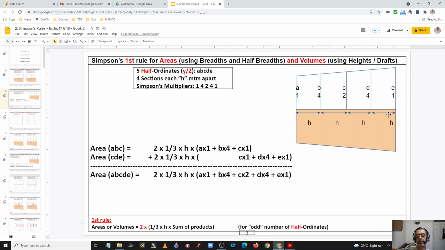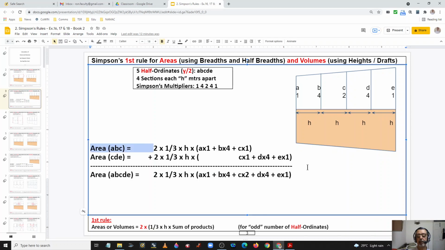Each of these ordinates are h meters apart, thus giving us 4 sections. And how do we arrive at the multipliers 1, 4, 2, 4 and 1 is what I'm going to explain over here. Now let us take the area A, B and C.